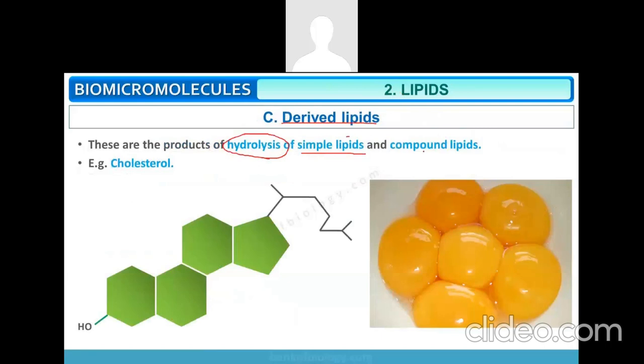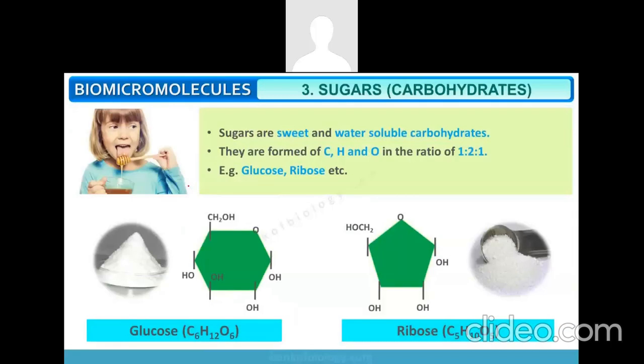So the derived lipids are the ones obtained as products of simple lipids and compound lipids as well. One such example is cholesterol. Cholesterol is something which is produced in our body and it cannot be substituted from outside.